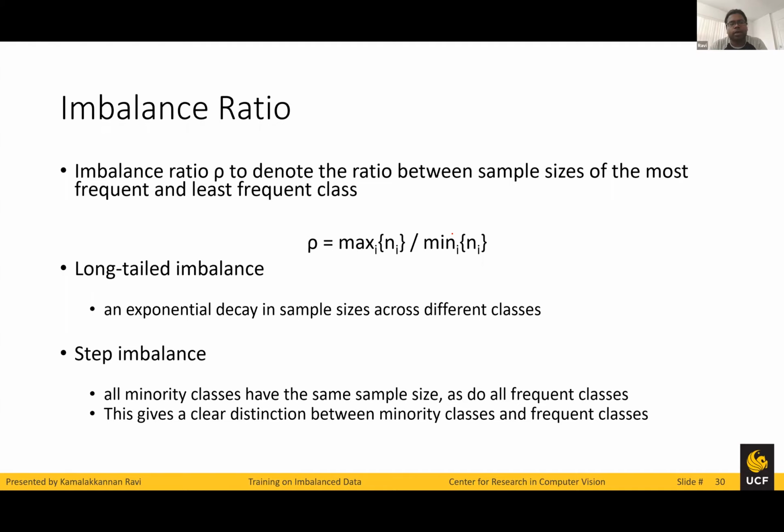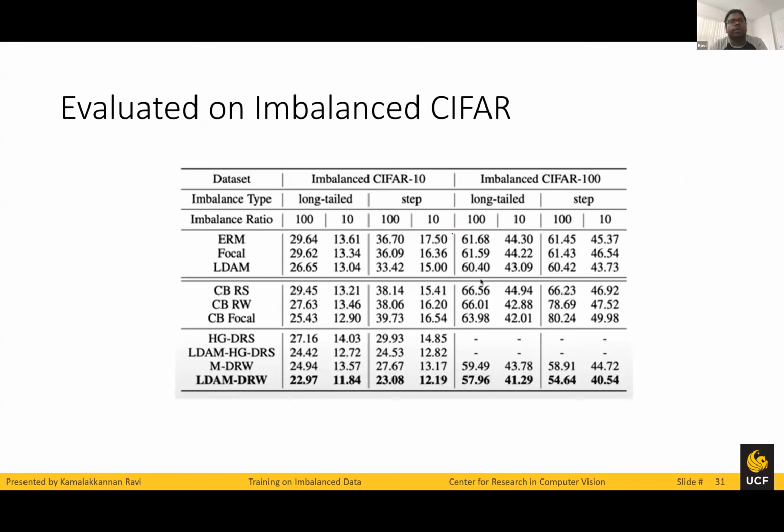Now that we are clear on the imbalance ratio for balanced data sets like CIFAR, let's get into evaluating the imbalanced CIFAR data set. There we have the same CIFAR10 and CIFAR100 data sets applying imbalanced types, long tail and step, with ratios of 10 and 100.